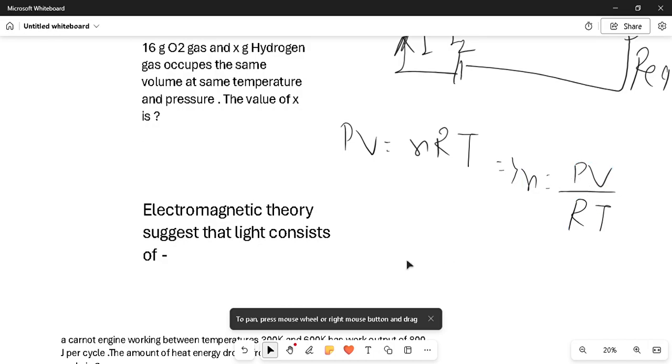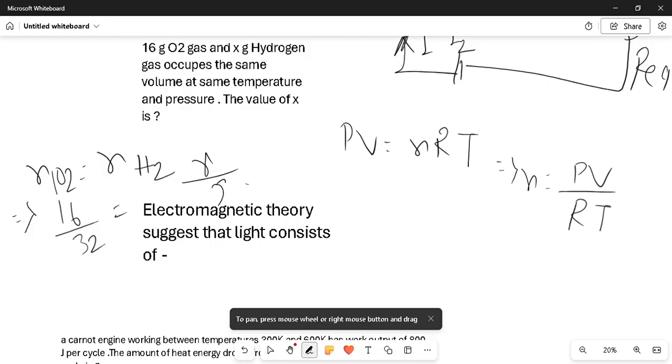So the mole number of oxygen O2 and the mole number of hydrogen will be the same, right? Mole number means mass by molar mass. Here 16 gram oxygen is present, so 16 by molar mass 32, and x gram hydrogen is present, so x by 2. From this equation x is equal to 1.